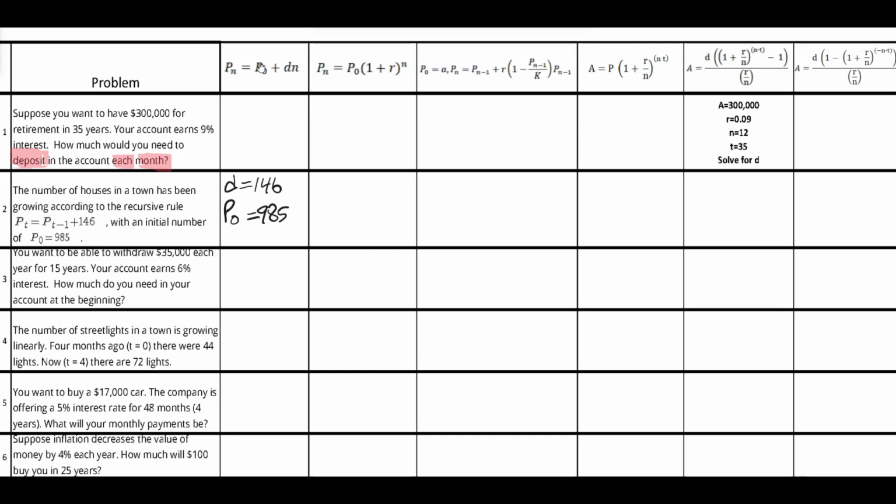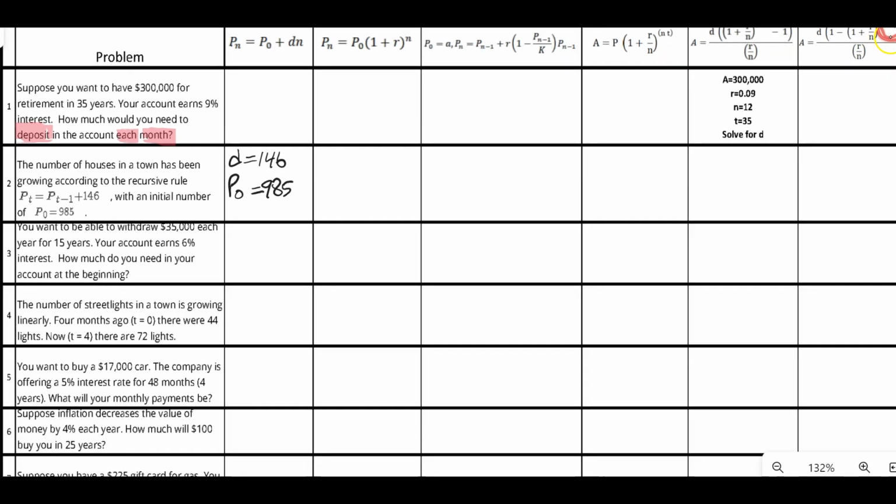Number 3, you want to be able to withdraw 35,000 each year. So here we go, withdraw each year. So this is again a periodic deposit or withdrawal. So we would be working with withdrawing. Now withdrawal will make the value in the account go down. Decreasing account value.